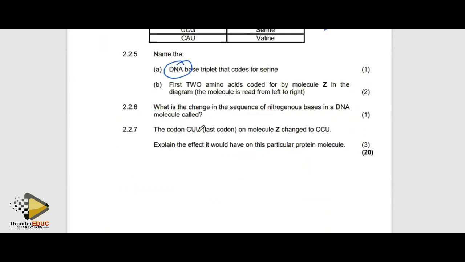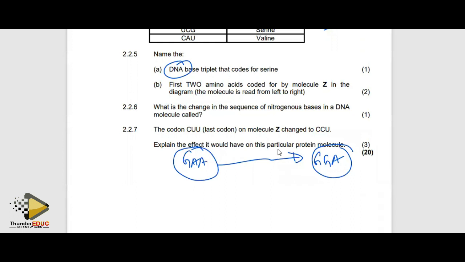Now we are saying codon, so we have to change it into anticodons. So CUU is going to be GAA, and this one is going to be GGA. If this codes for the same amino acid as this, there will be no change in the protein.